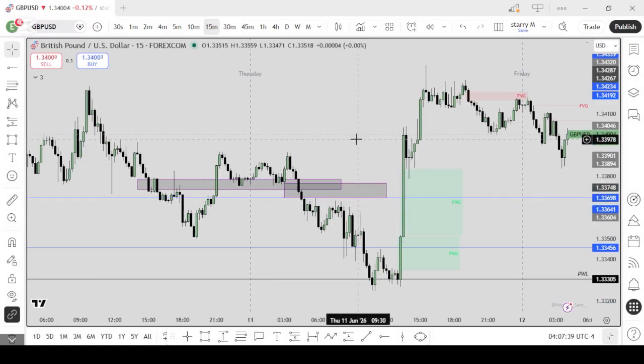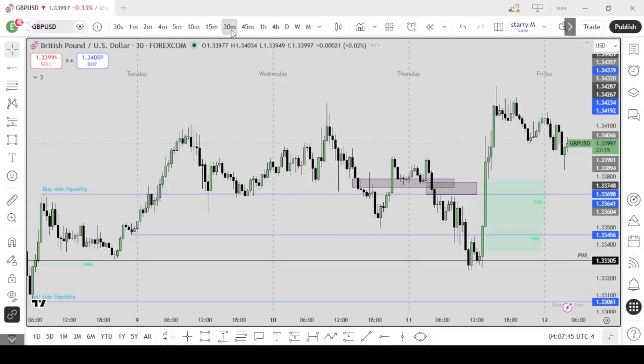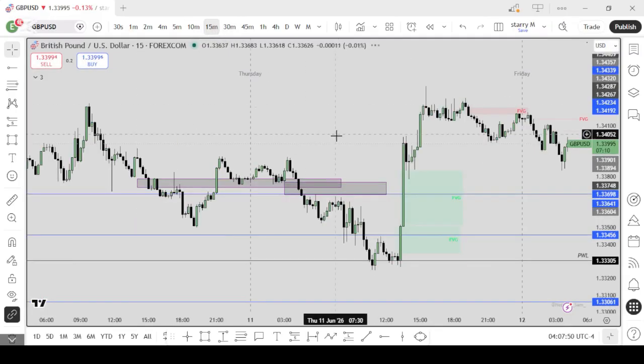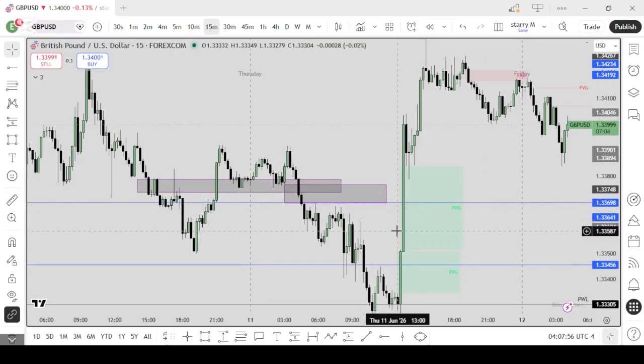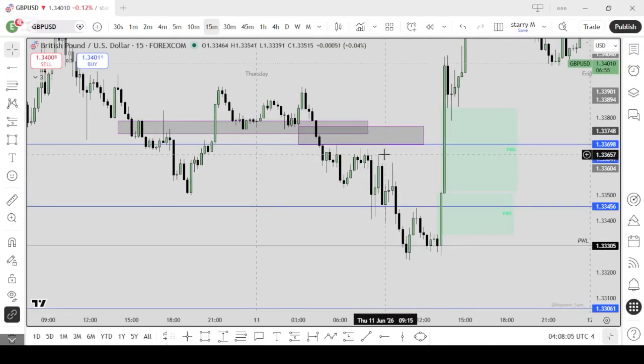And then I think I went to the 15 minutes, because I knew if the 45 minutes had already been mitigated, and the 1 hour is not really showing interest to mitigate this fair value gap, and then the 15 minutes formed this tiny fair value gap here, this one, and that was my entry.